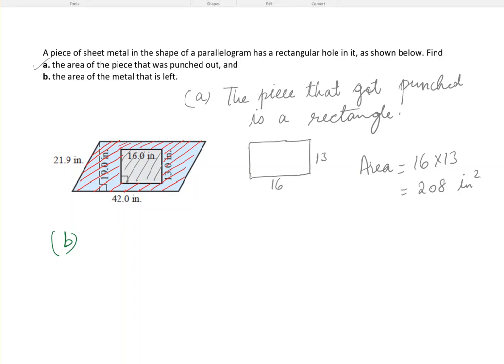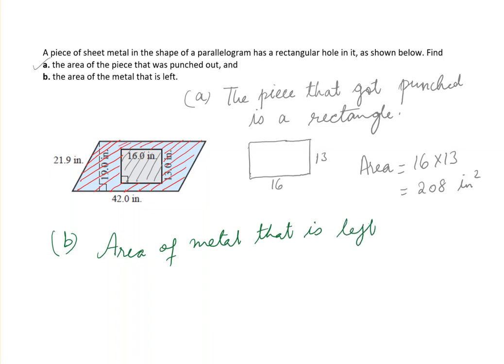So our plan is: the area of metal that is left would be the area of the parallelogram minus the area of the rectangle.